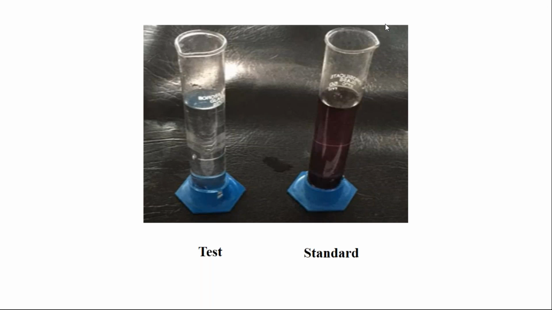The principle is the same, as when it came to turbidity in case of your chlorides and sulfates. The same principle is applied here, and you can see that the color of the test solution is almost colorless or maybe very, very pale pink in color, whereas the color of the standard solution is dark pink in color. So what do you think happens to this sample?